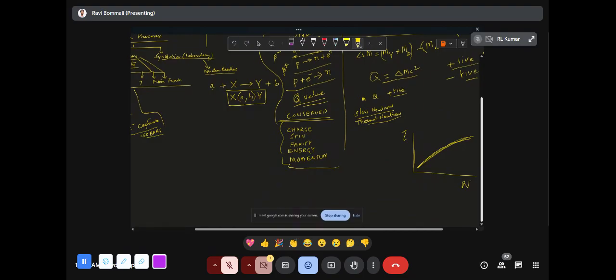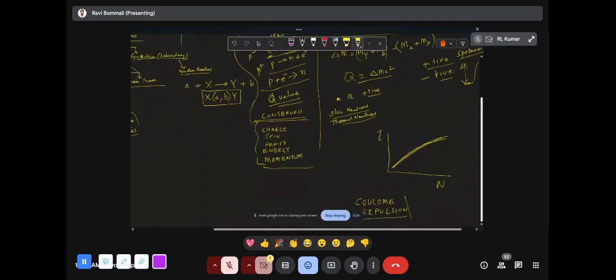Why did it bend towards N, the line of nuclear stability? Because adding more protons to a nucleus will increase what? The electrostatic repulsion, the Coulomb repulsion. But what binds the nucleus?